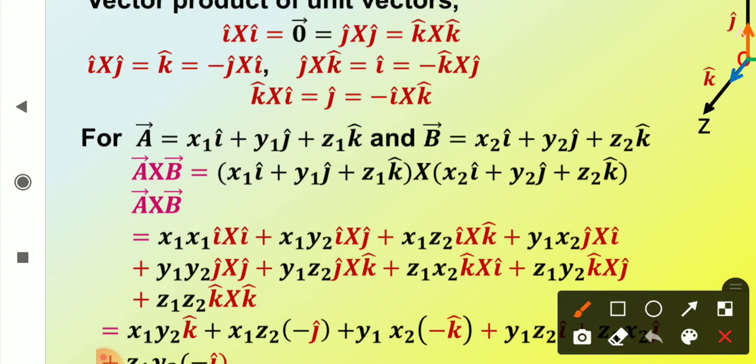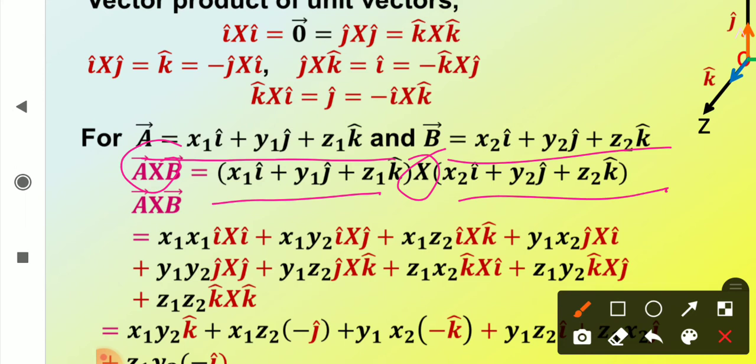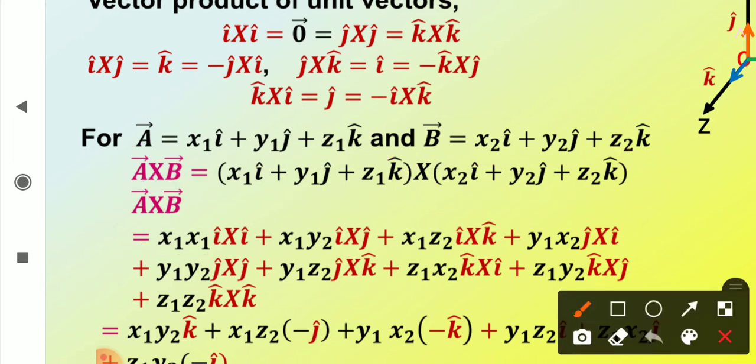So if we have two vectors A and B as x1i plus y1j plus z1k and x2i plus y2j plus z2k, then their cross product, first vector cross second vector, open all the terms in brackets, and you get x1 x2 I cap cross I cap plus x1 y2 I cap cross j cap plus x1 z2 I cap cross k cap, and in this way open all the terms.